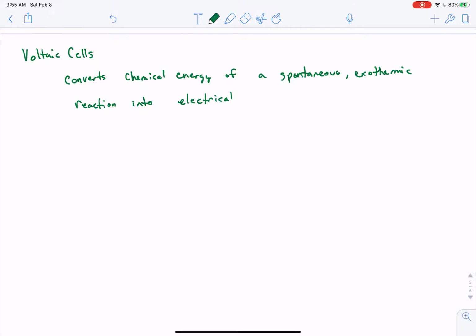It converts the chemical energy of a spontaneous exothermic reaction into electrical energy.